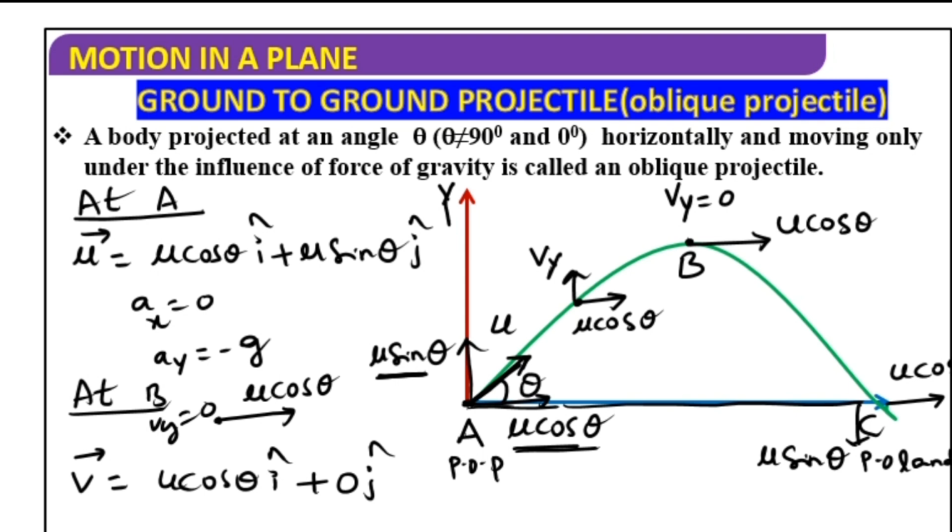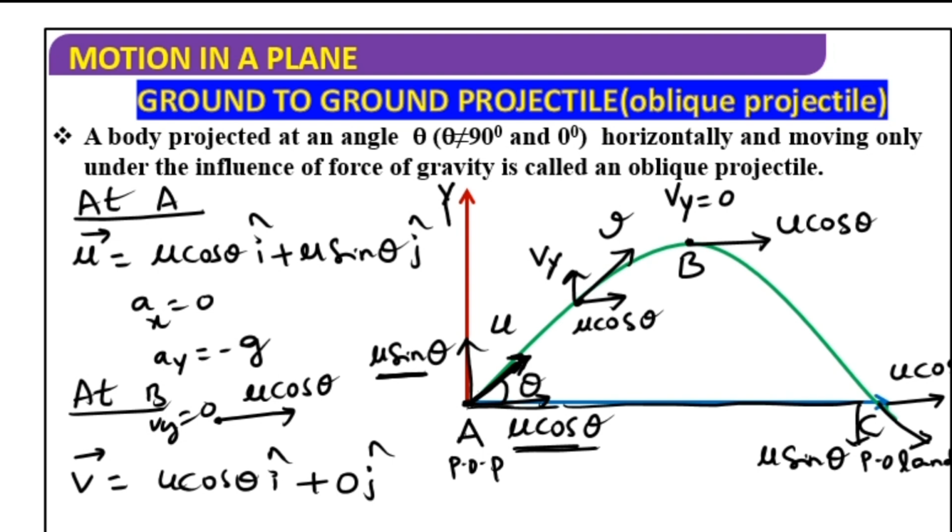The direction of velocity at any point is found by drawing a tangent to the path at the given point. Suppose you want to find the direction of velocity at this point, simply draw a tangent at this point. It gives the direction of velocity at this point.